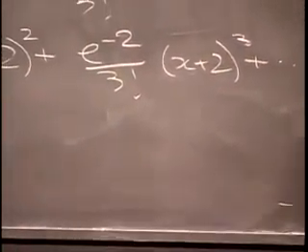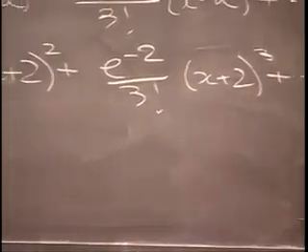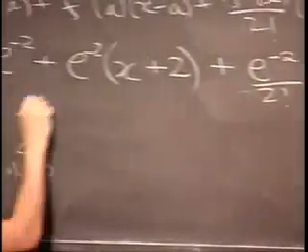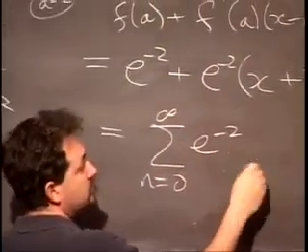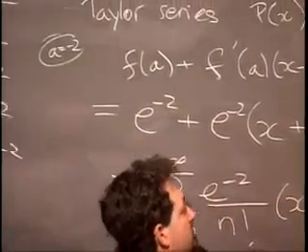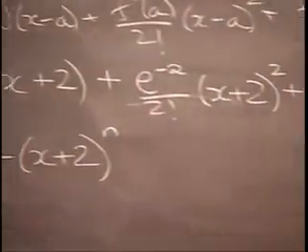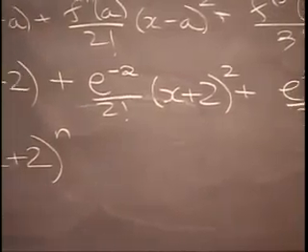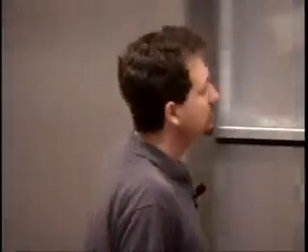If you want, you can get fancy and write it as a sum. E to the minus 2 over n factorial, x plus 2 to the n, and it never stops. Okay, so that's the complete Taylor series of e to the x about x equals minus 2. It's quite similar to the series about 0, but not quite the same.